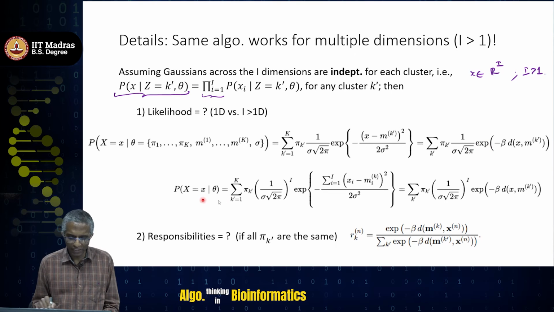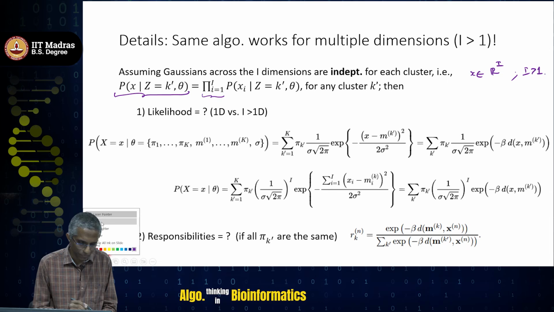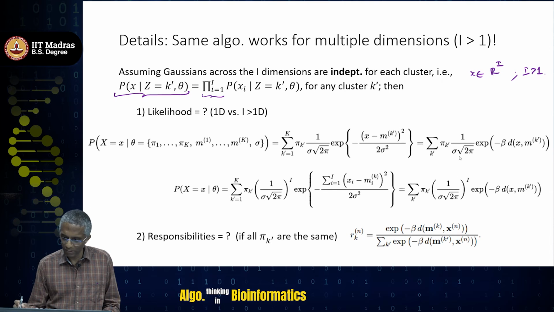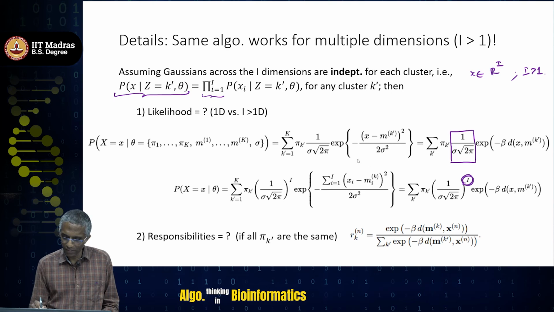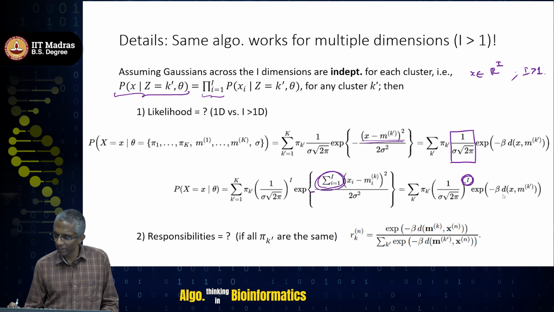Now for multi-dimension, this is going to be increased by a factor of I, because there are I dimensions that you have to multiply, and then this one remains the same. In the 1D case, you just have x minus m of k prime whole square, but here you will have multiple dimensions that you have to sum over, which is already taken care of by this d.